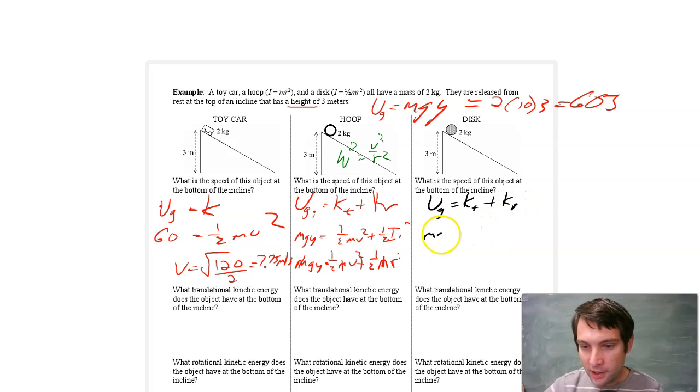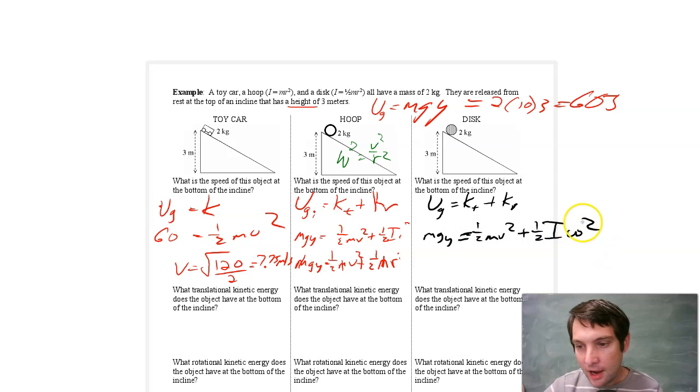So we have mgy equals 1/2 mv squared plus 1/2 I times omega squared. We don't have any kind of omega, so we're going to have to use this relationship up here where omega equals v over r.